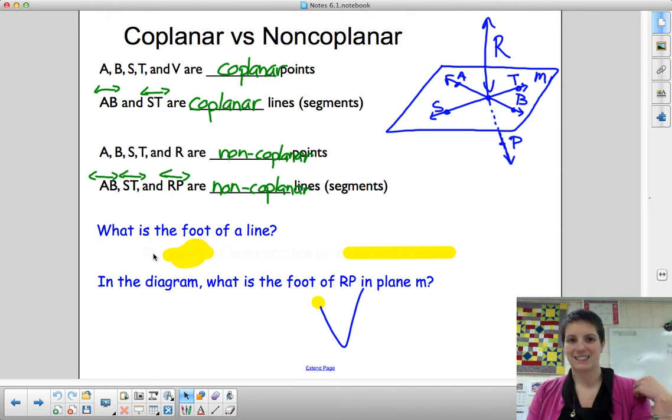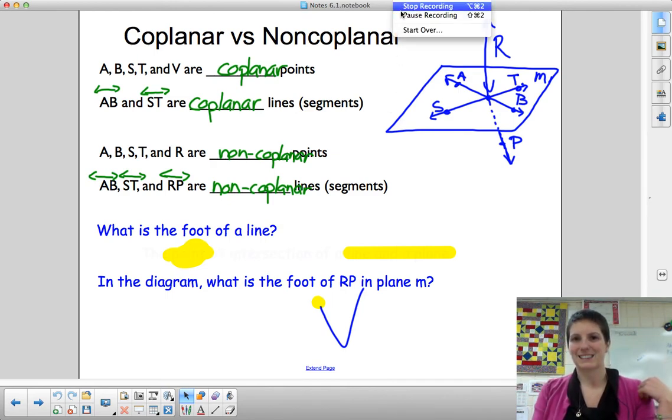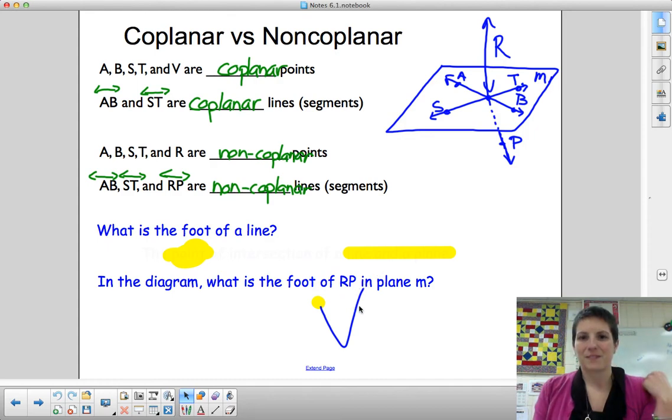That line RP intersects plane M, that point where it intersects, maybe it'll pop up, maybe it won't. All right, so the foot of a line is the point where the line intersects the plane.